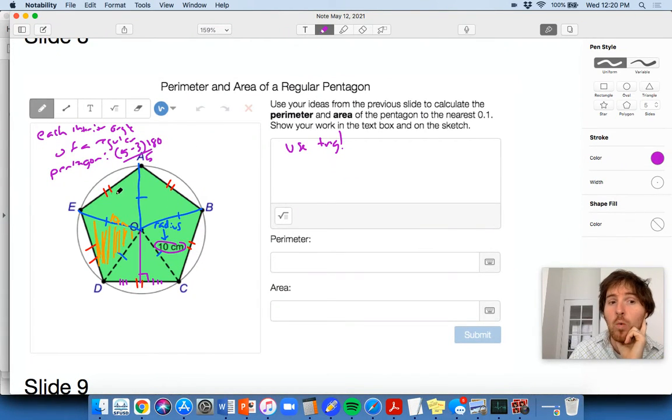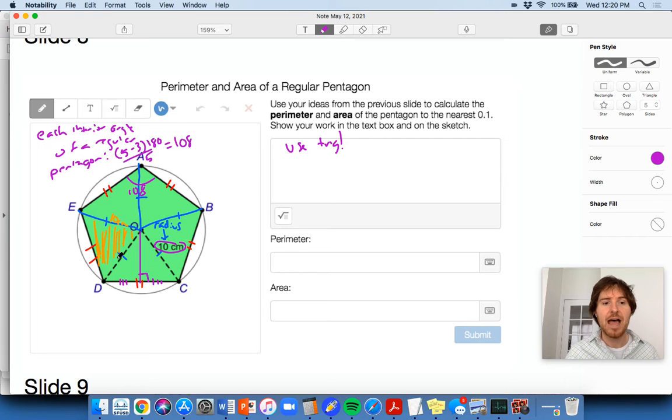That's how we can figure out what each of these angles measures. Because it's got 5 sides, there are 3 triangles I could create by drawing in 3 diagonals. Notice these aren't diagonals, these are radii connecting to the center of the regular polygon. So n minus 2 is 2, times 180 is 360, divided by 5 is 108. So this is 108 degrees.